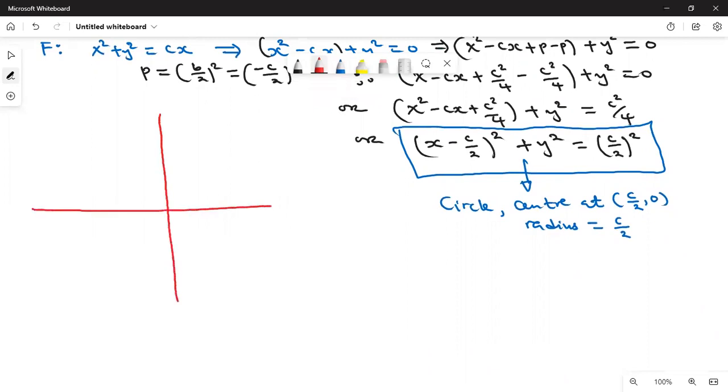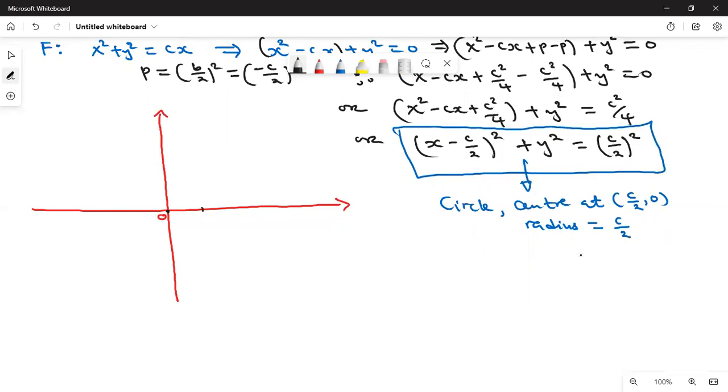A circle with center, remember c is an arbitrary constant, so this is 0. Radius is c over 2. If you put c equal to 0, you get the point at the origin. Let me write here, at the origin when c is 0. What about when c is 1? Simply when c is 2, the center will be 1, 0, and the radius will be 1.